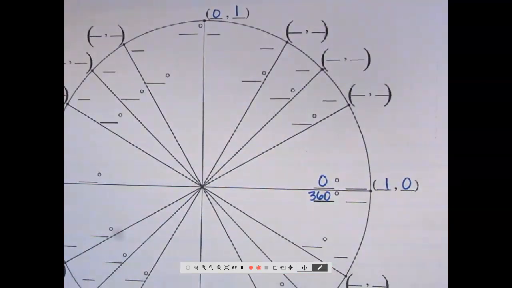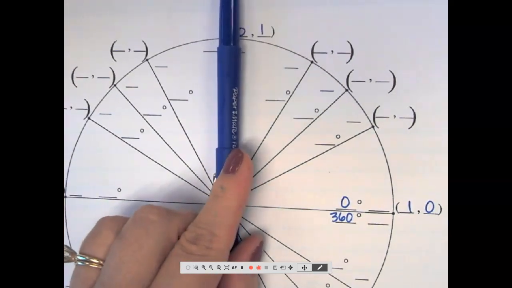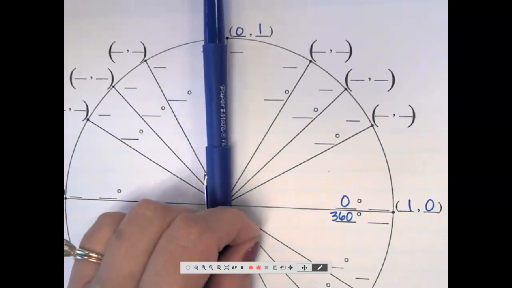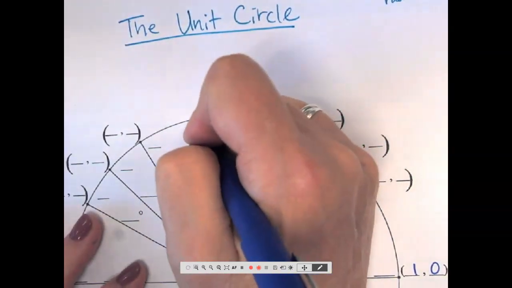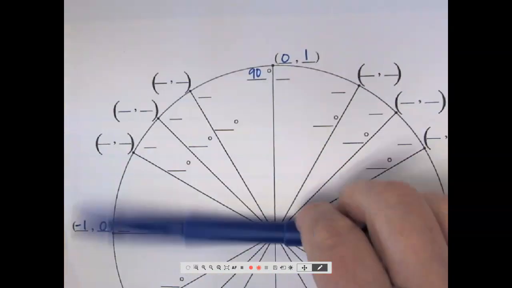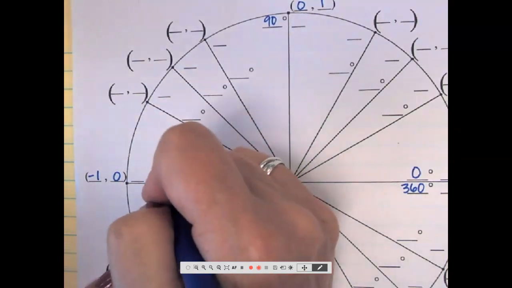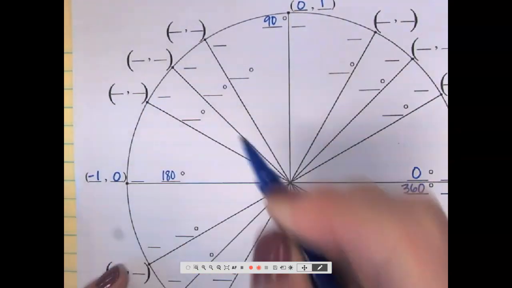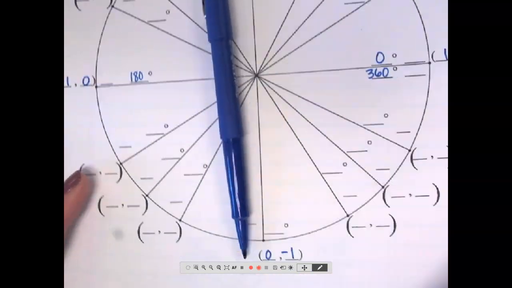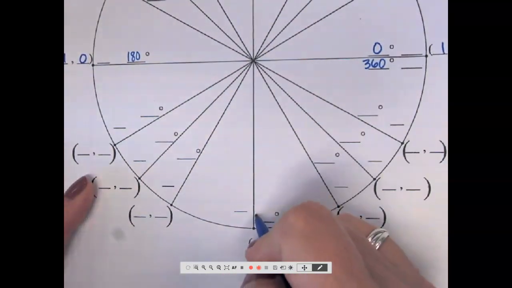Those are, what's that word meaning in the same location? Coterminal. Okay, let's go up here and do this easy one. How many degrees would this be? 90. Come over here. What would this one be? 180. And down here at the bottom, 270.